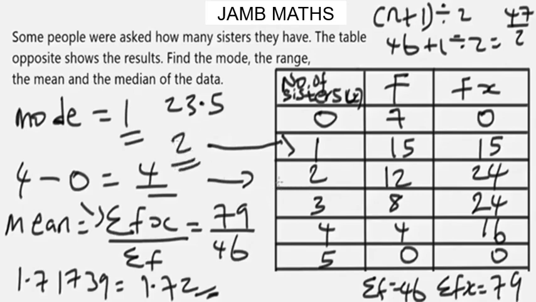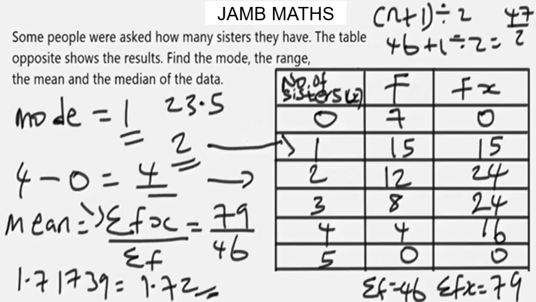Because this 2 is the number of sisters under this frequency value of 12 that you will add to 7 and 15 to get your result within 23.5 thereabouts. So that's how you can find the median of the frequency table. It's as easy as that.